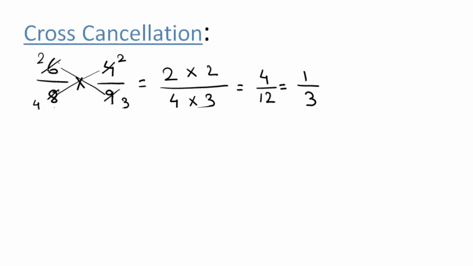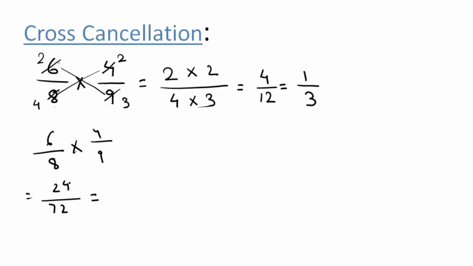Or otherwise, you can just multiply the numerators, like 6 over 8 multiplied with 4 over 9. 6 times 4 is 24. 8 times 9 will be 72. And then you have to simplify it further.